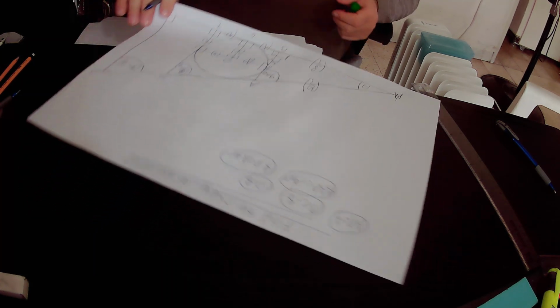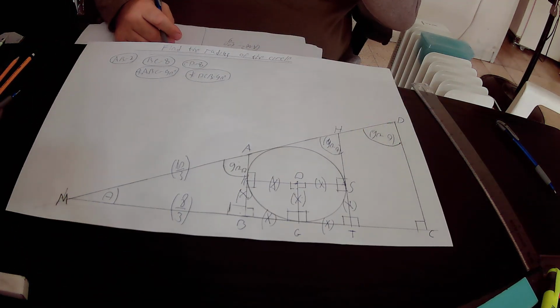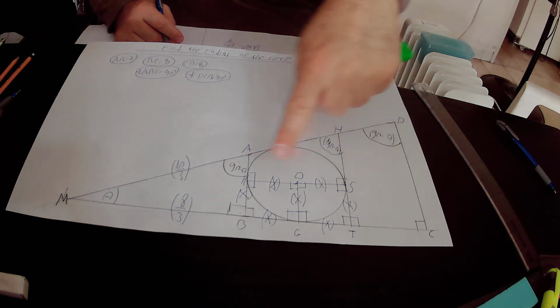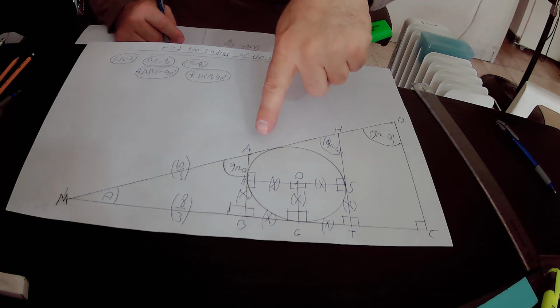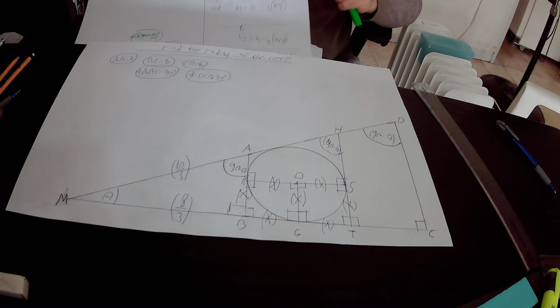In the next step, we will prove that the right big triangle HTM is similar to the right small triangle AMB. So I write it down.